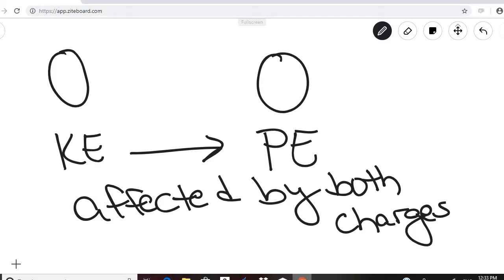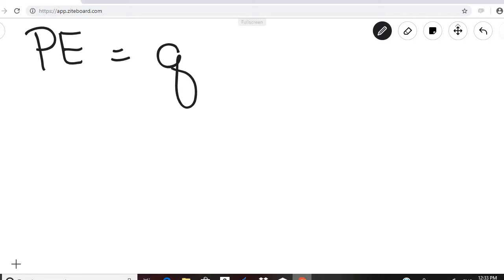So to account for the influence of that second charge, we have an equation for potential energy. Potential energy is equal to Q times V. Okay, so it is equal to Q times the electric potential.